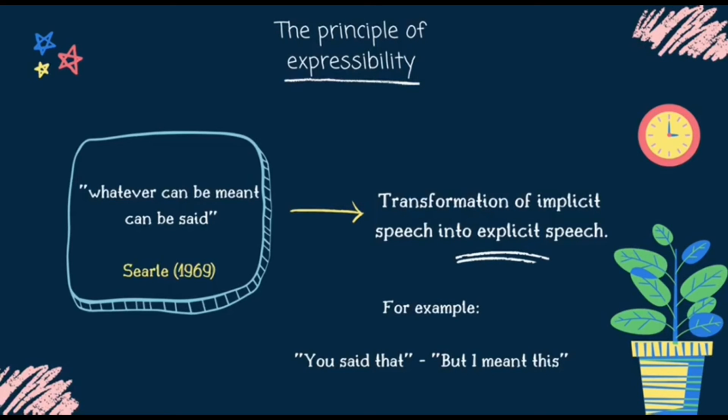Generally, one could say that to mean something is only used when something has gone wrong with what was said, or when the expression has not been used in the normal way. The general form of such cases is, for example, you said that, but I meant this.